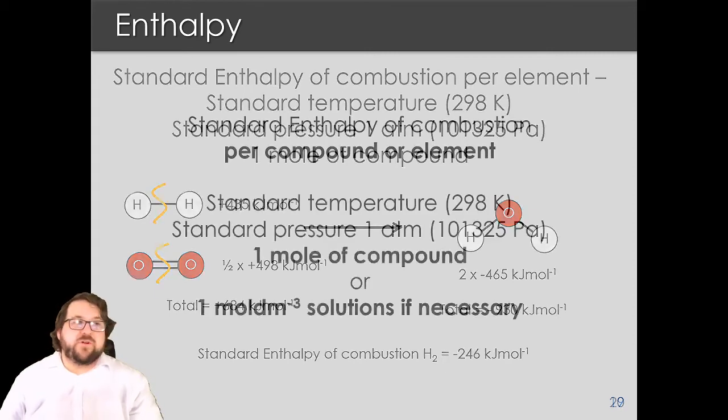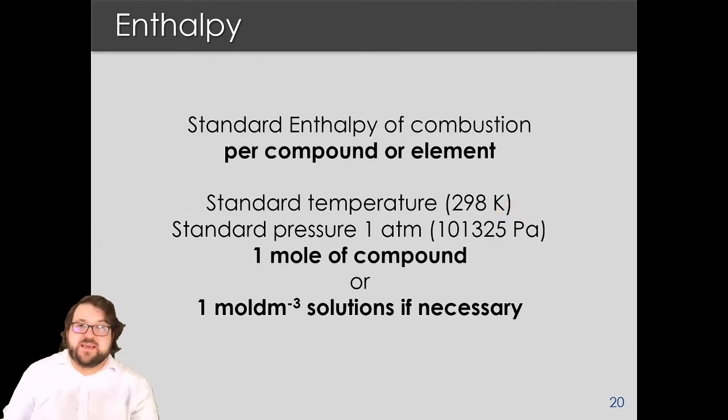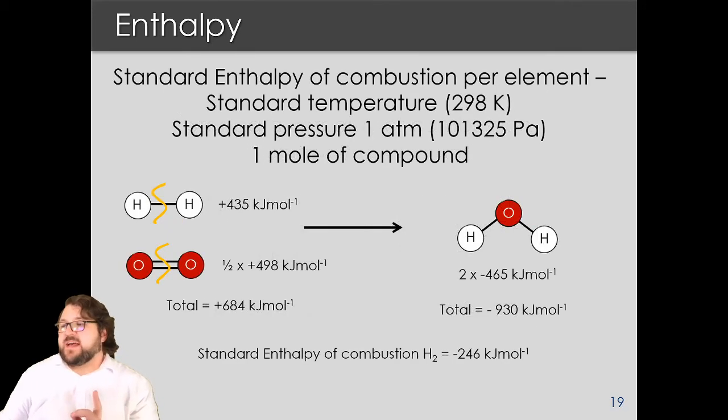Now, in general, the way that this works, if we're measuring this, so at the moment this is a theoretical value. It's based on the average OH bond, the average HH bond, the average OO double bond. But not all molecules are as you would expect. So what we do is we define this term as standard enthalpy.